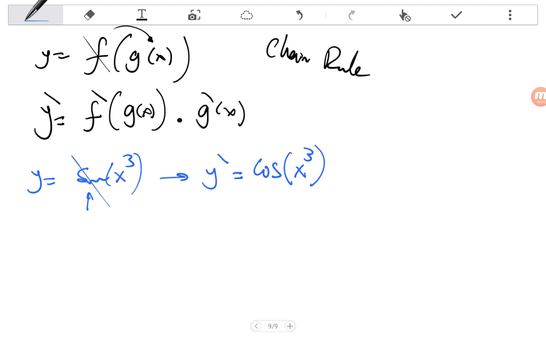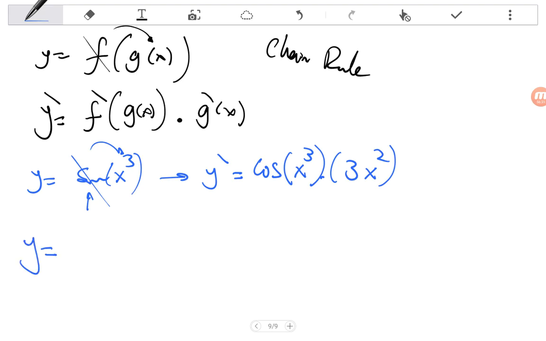Now I have just finished that outer function, so I will go inside it and find the derivative of x cubed. It is just 3x squared. So I'll multiply it by 3x squared. This is how I would apply the chain rule in this case.